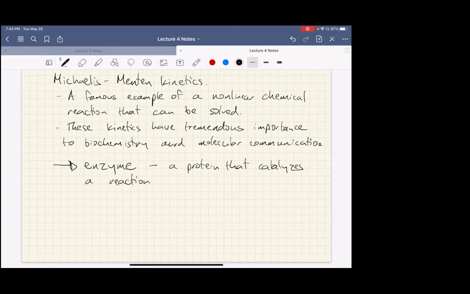So Michaelis-Menten kinetics basically give you the mathematics of how these enzyme reactions work. And the idea is this: you start with a substrate. Sorry, let me redraw that a little nicer. Actually, I'm going to draw the substrate like this.